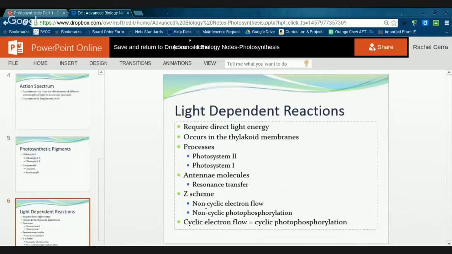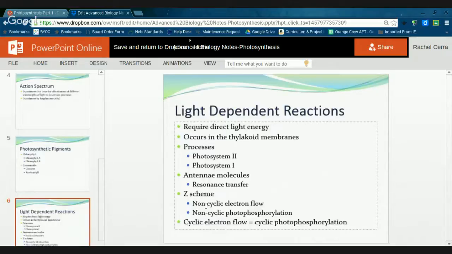And that ATP is then going to go into the Calvin cycle, which will be part of the light independent reactions, which we'll cover tomorrow. So the ATP that we're making between photosystem 2 and photosystem 1 will be used tomorrow.